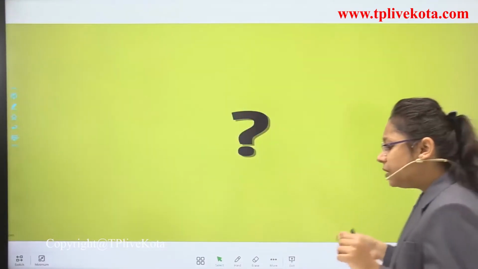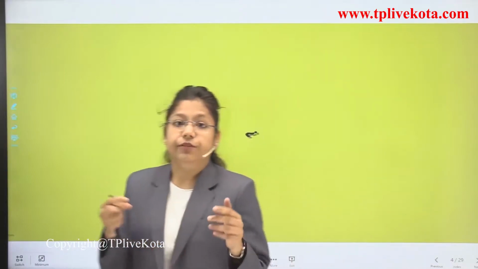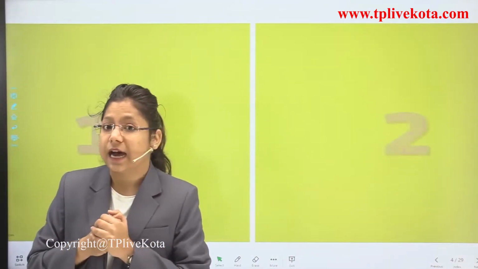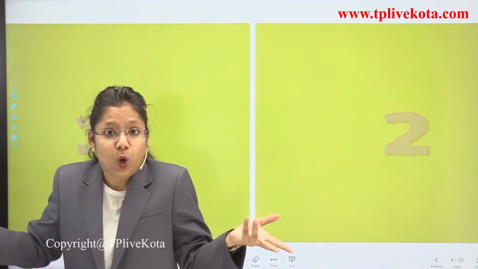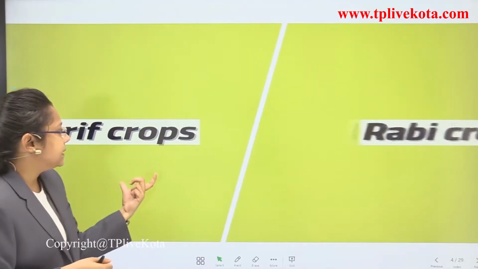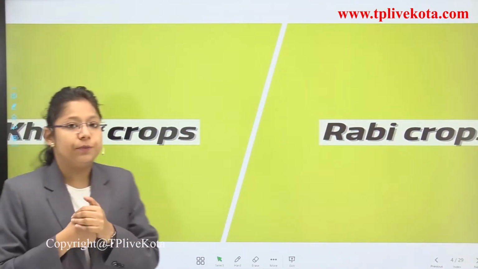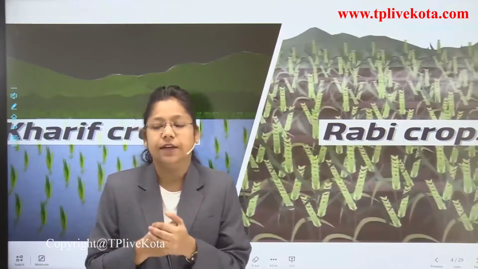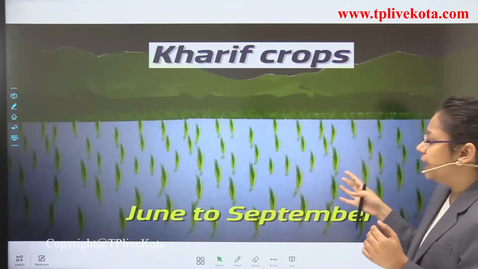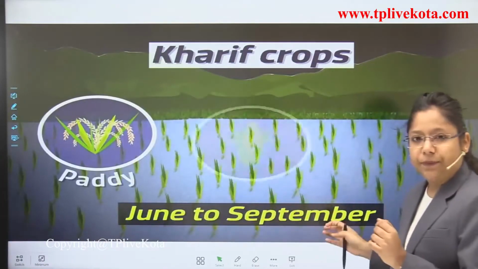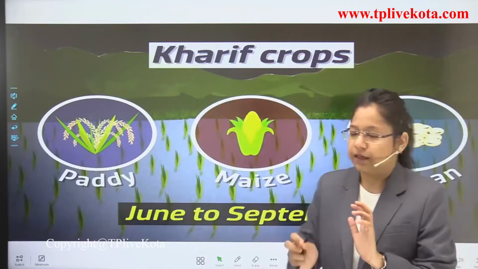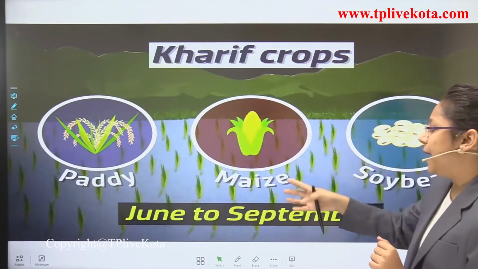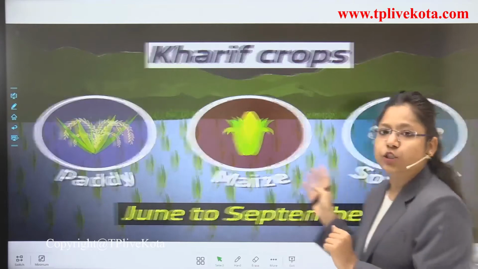Now, the question arises, which type of seasons are needed by the crops to grow? So, the first is the kharif crop, which is grown in the monsoon season, and the rabi crops, which are grown in the winter season. The kharif crops are grown between June to September, that is the monsoon season, and the crops are paddy, meaning rice, maize, and soya bean.